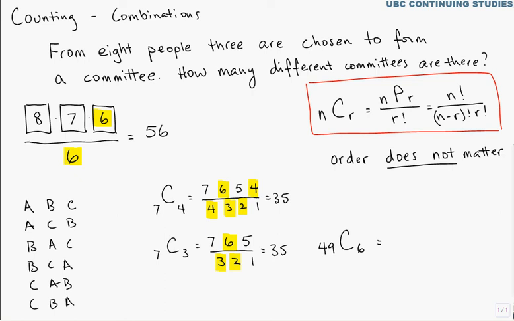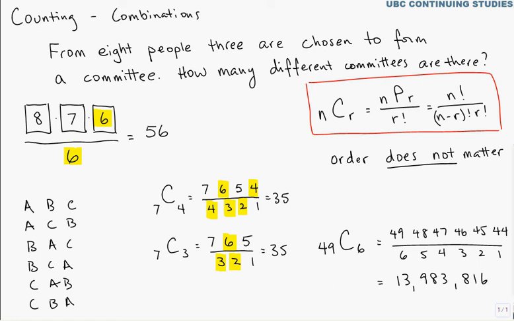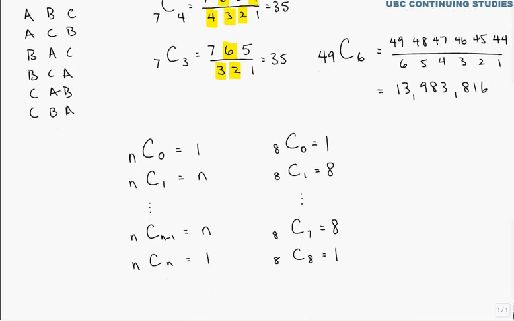So if you wanted to buy every single combination, it would be 49 choose 6, which is 49 times 48 times 47 times 46 times 45 times 44. I've stopped when I've got the first 6 numbers of 49 factorial, divided by 6 times 5 times 4 times 3 times 2 times 1. Now, this isn't something you'd want to do in your head. The number turns out to be 13,983,816.